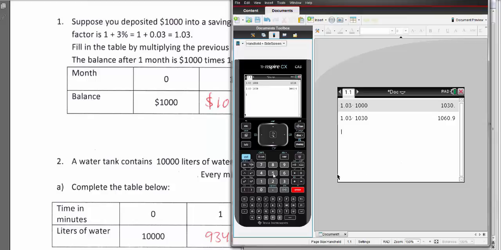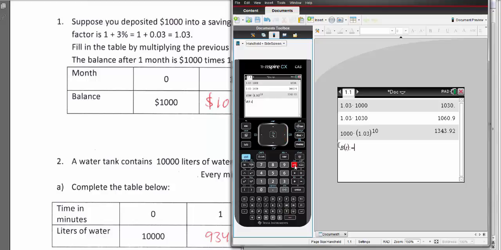So 1000 times 1.03 to the power of 10. And here's the answer. We can even define this function. Of course, we can use shift B of t and then define the function.